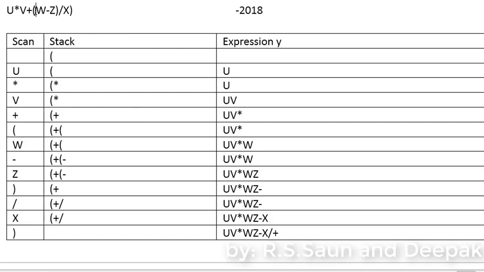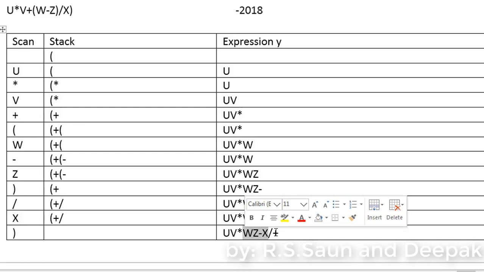You can calculate it manually. So wz minus is here. Now this is your divide, this is plus and multiplication. If you calculate according to BODMAS, we have divide here, so wz minus x divide should be here. Now you can see this expression.